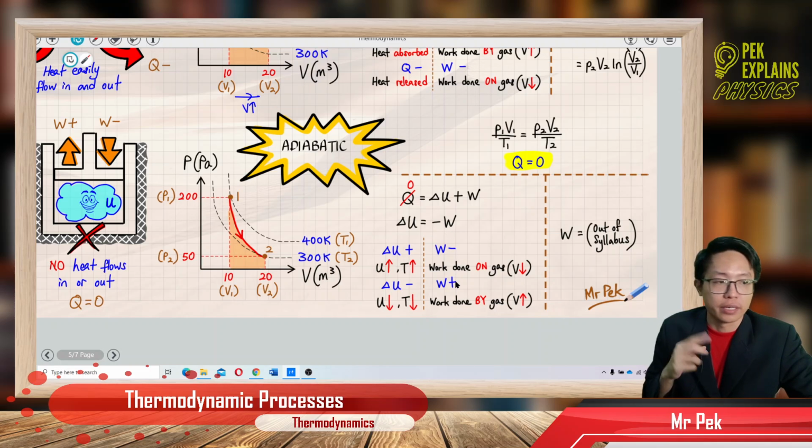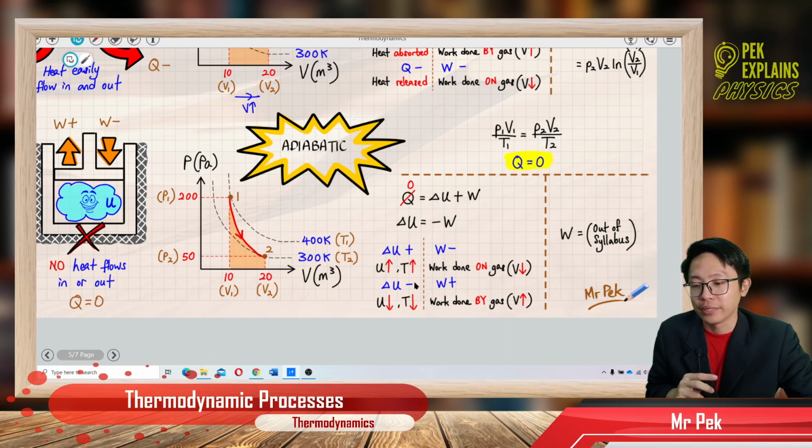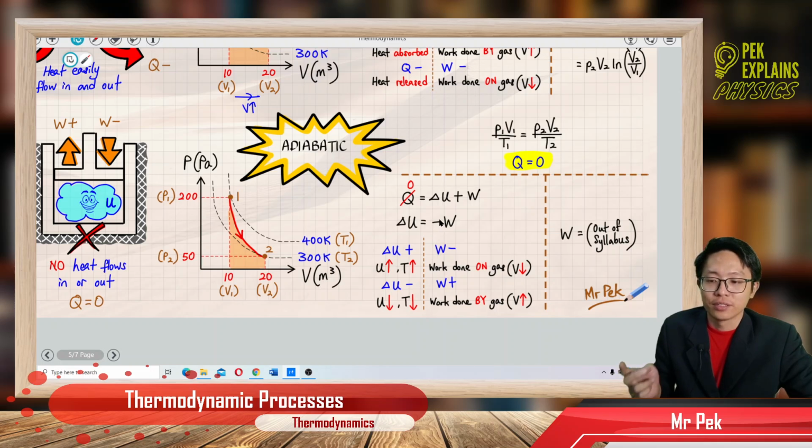And when W is positive, you get delta U negative. So negative, positive; positive, negative.